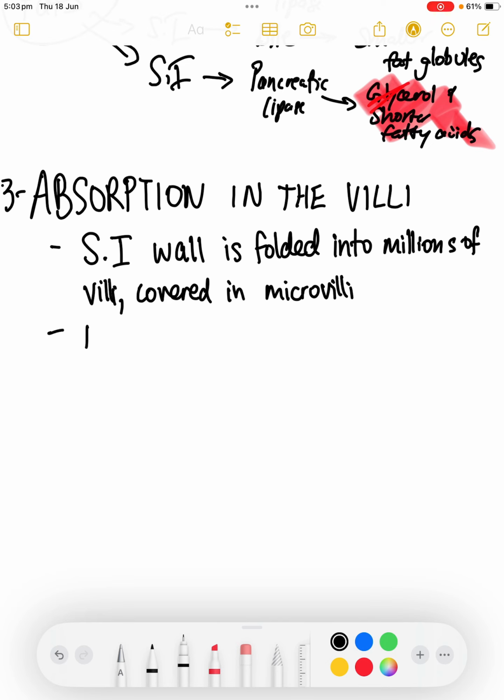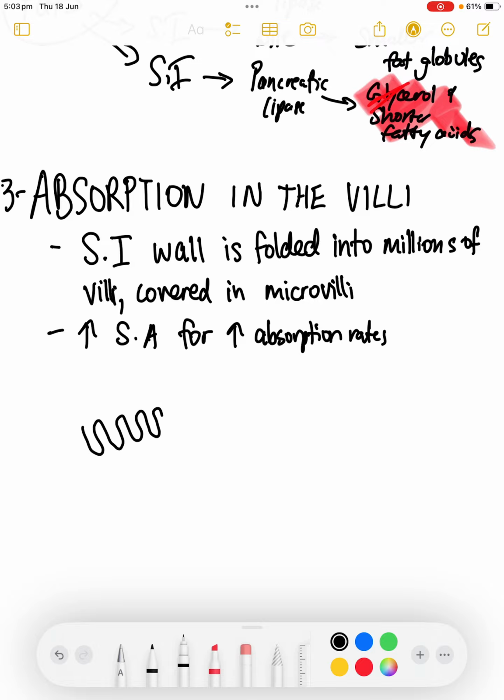And this increases surface area for increased absorption rates. And here's the thing, it's going to look a little like this. That's your villi.